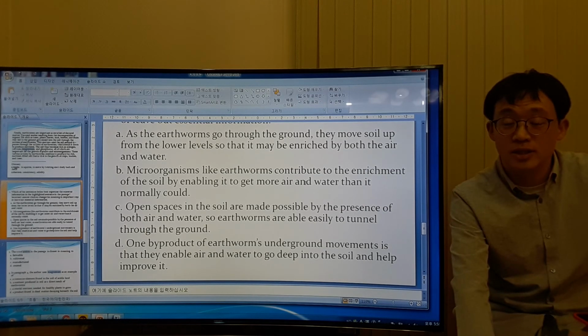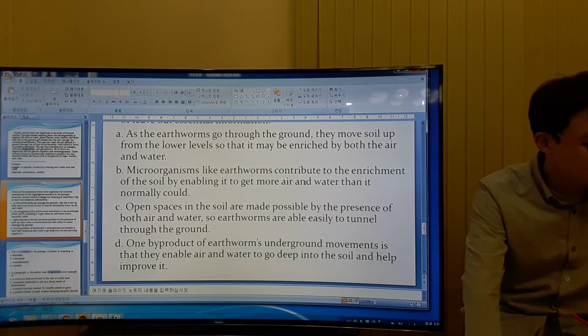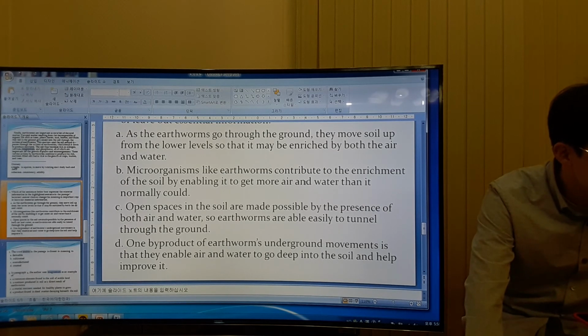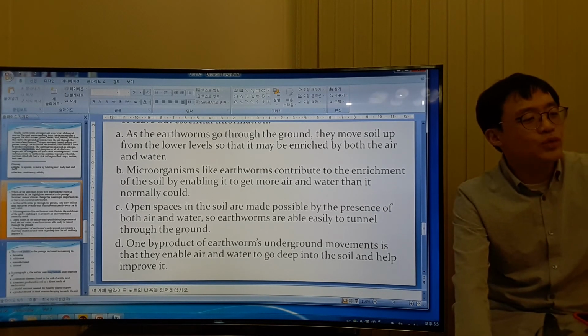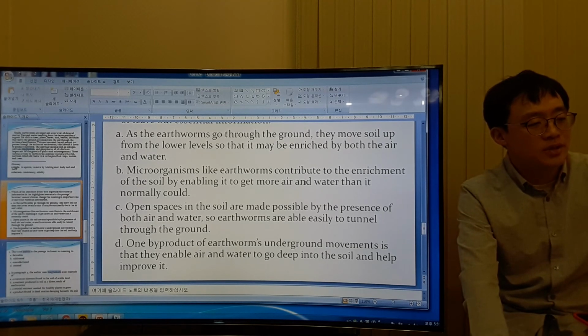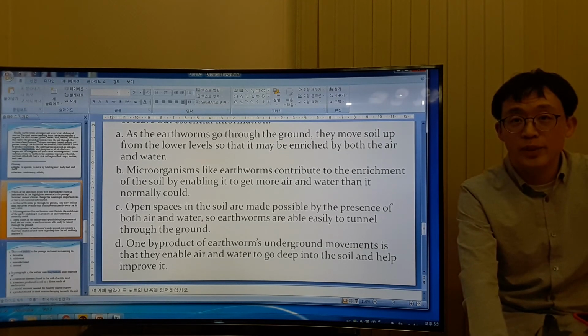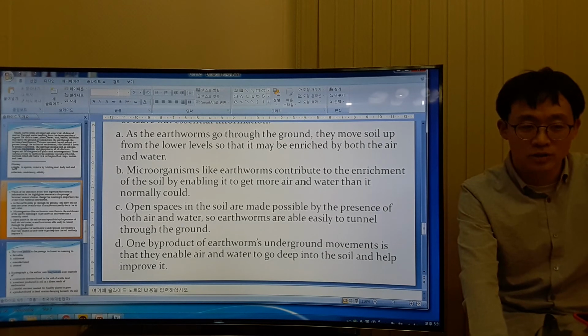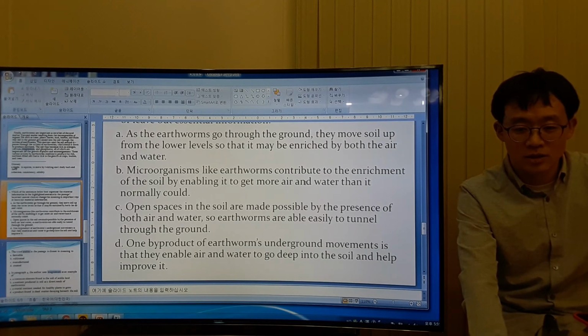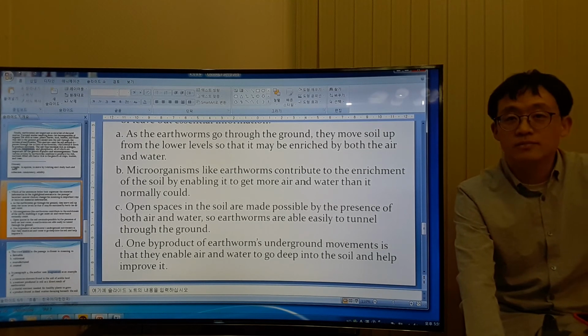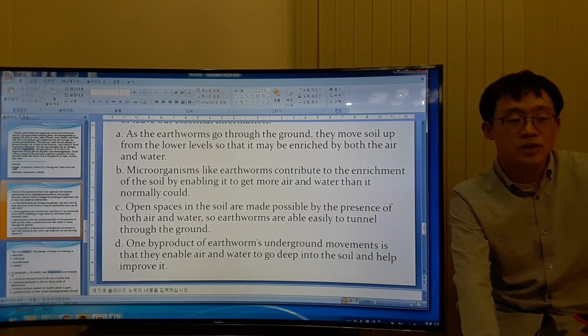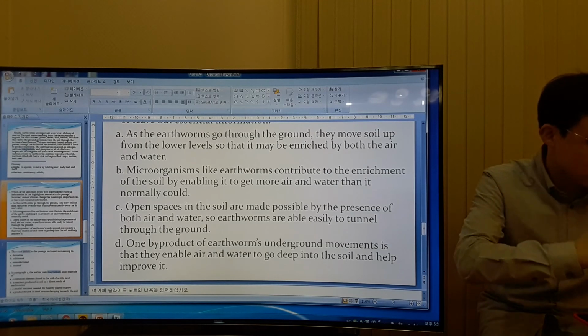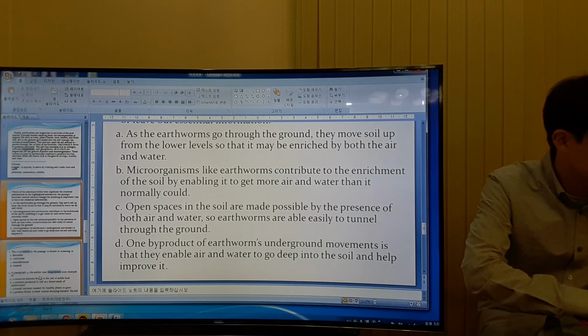It's something that is not intended. So why do we say it's a byproduct? It's because the earthworms don't intend to make those passages. It's just the things that they made while they travel through the ground. So D is right. D is correct. So is the answer.